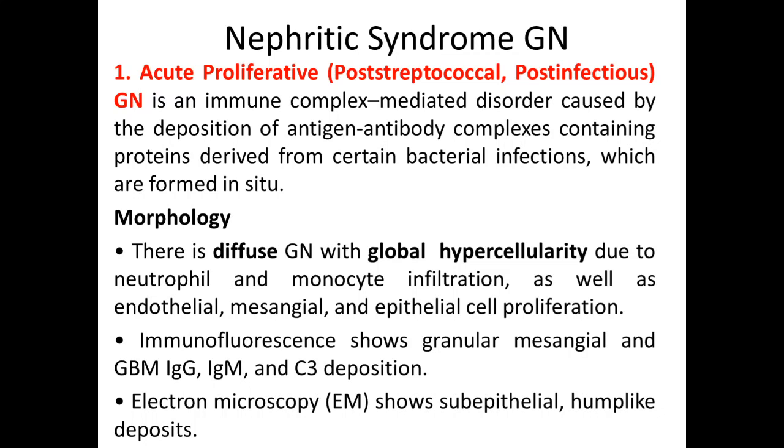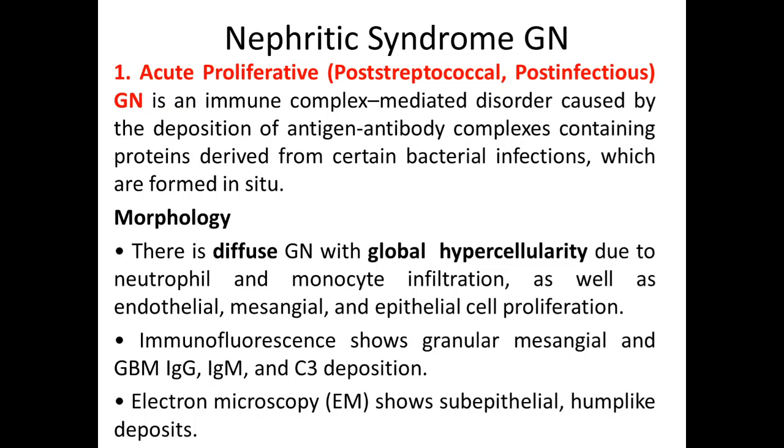Morphologically, guys, we can find here hypercellularity due to neutrophil and monocyte infiltration. Of course, during the first day of the disease, we can speak about hyperemia of glomeruli and serous or serous hemorrhagic exudation, which occurs with neutrophilic infiltration of the glomerular structure.